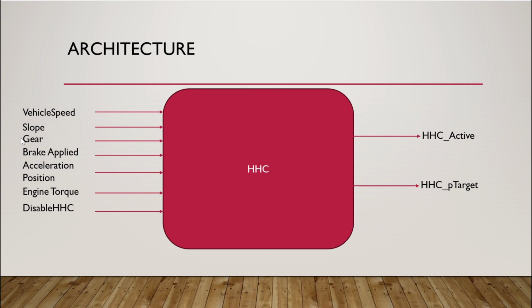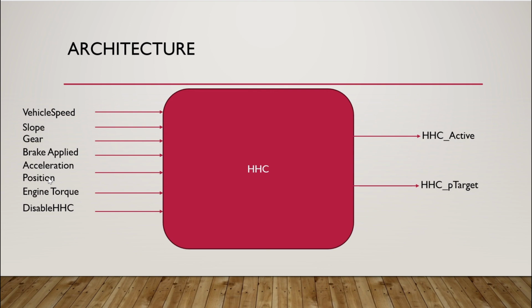And the gear, it's the gear position, which tells whether your vehicle is in park, forward, reverse, or neutral. The next signal is brake applied. This is a signal which tells you whether the brake is applied or released. The next signal is accelerator position.